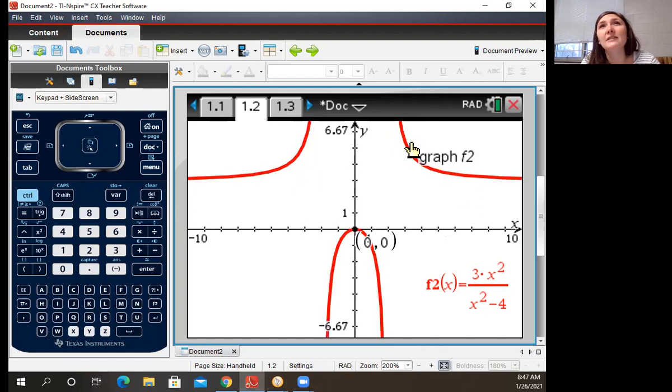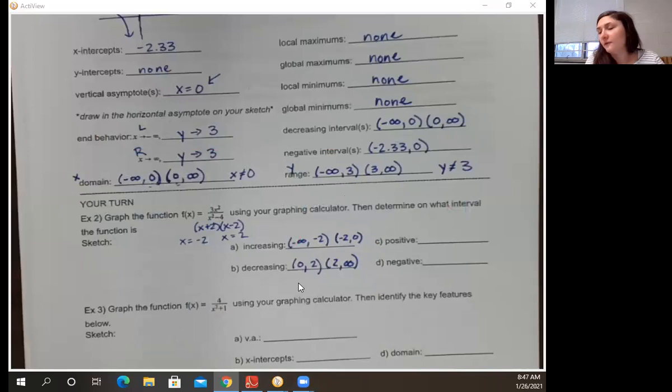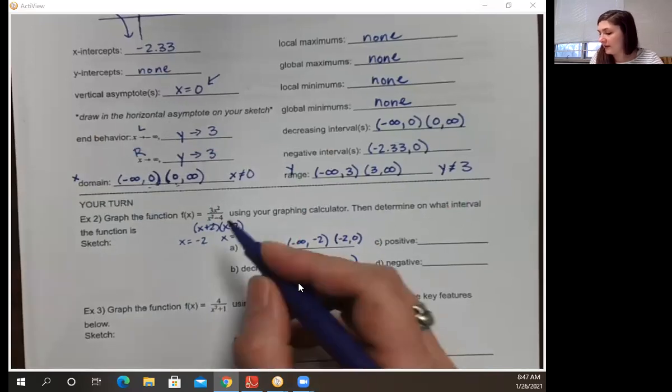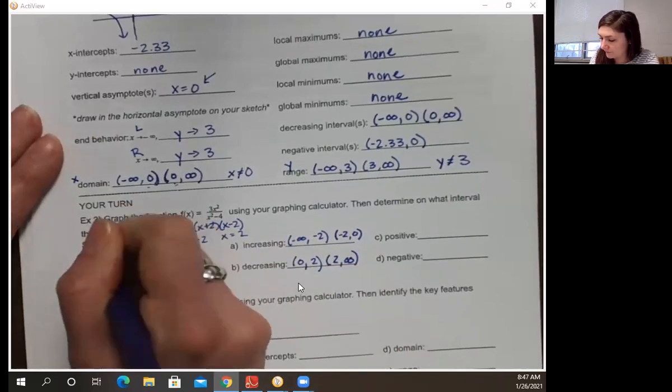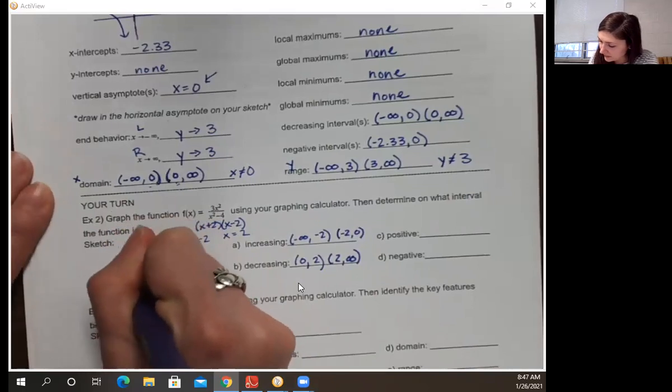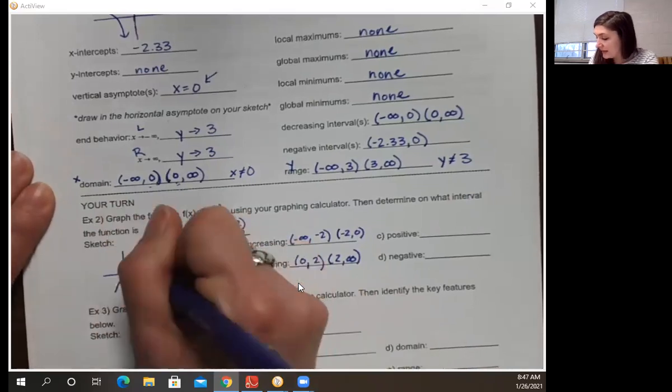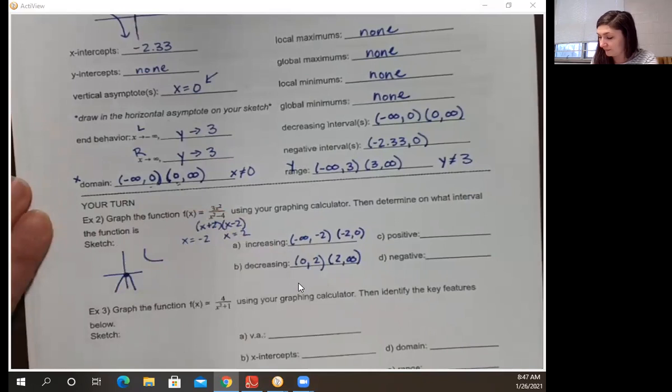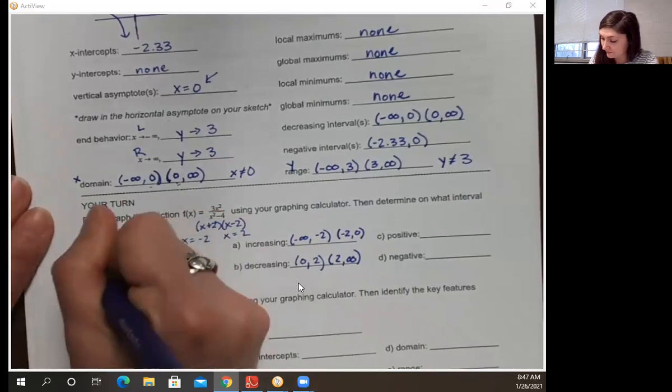From when x is +2, as I read my graph from left to right, we're again going down. So from +2 until infinity, we're decreasing. Just take a look at my notes really quickly. From 0 to 2 for the middle chunk of my graph right here, and then for that last portion, all decreasing.